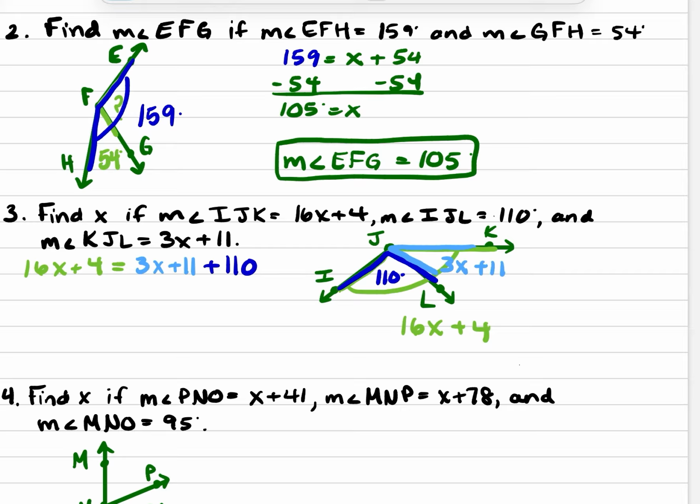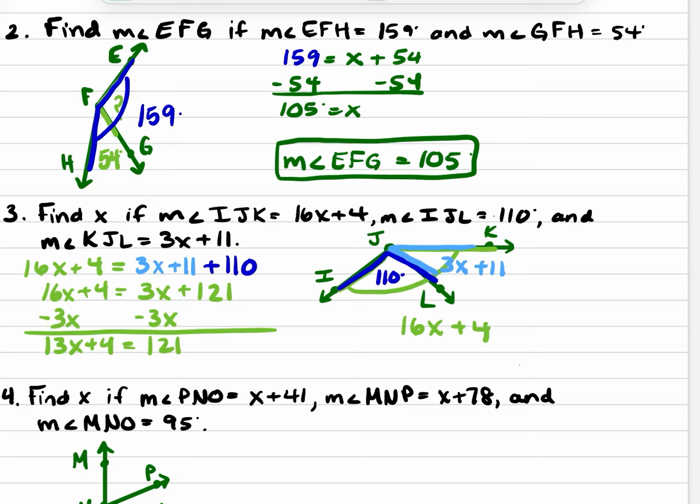Putting some of these things together, 3x plus 121, when I combine my like terms on the right side. Now if I combine terms across the equal sign, if I subtract 3x from both sides of my equal sign, I'm left with 13x, no more x's on the right.